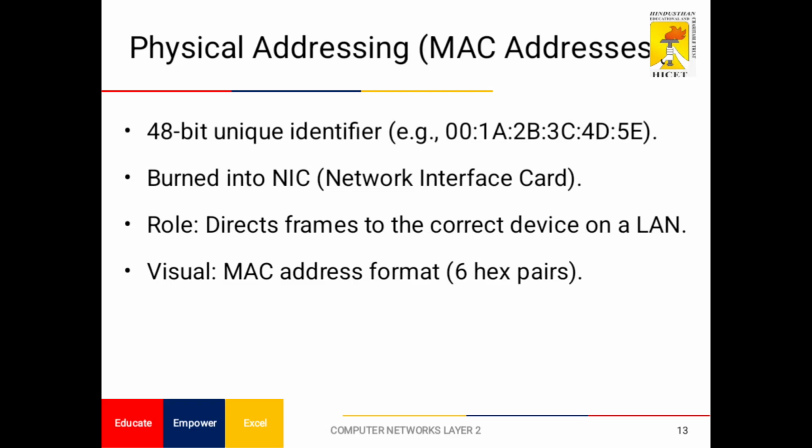These hexadecimal unique identifiers are burned into the NIC card, which receives data from other devices. The main role of physical addressing is to direct the frame to the correct device on the LAN, that is, to find the exact device on the network to which we are connected.